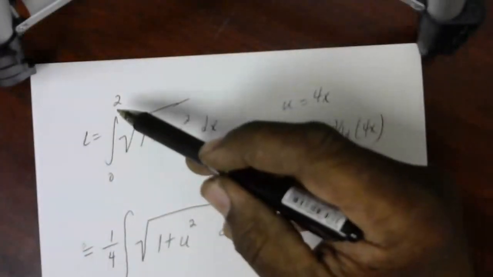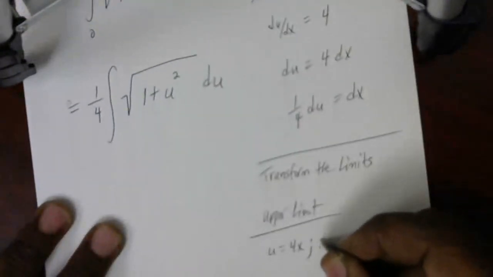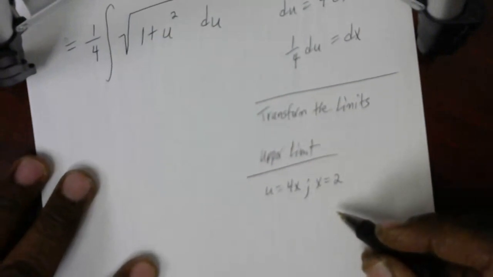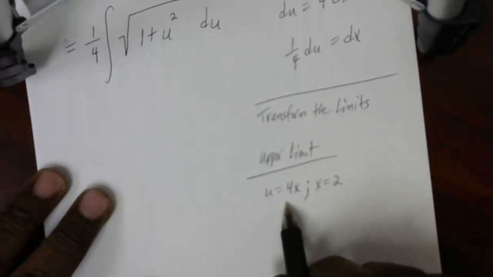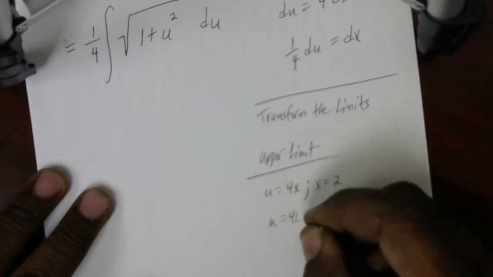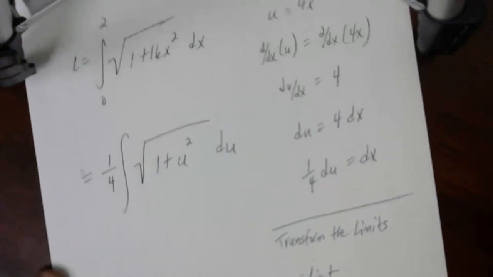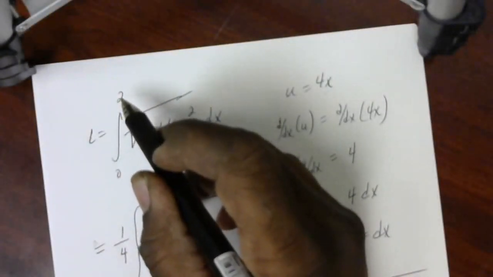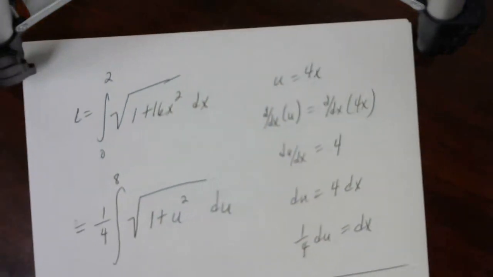And I want to substitute x for 2 and solve for u. So u is equal to 4 times 2. So u is equal to 8. All right. So when x is equal to 2, u is equal to 8.